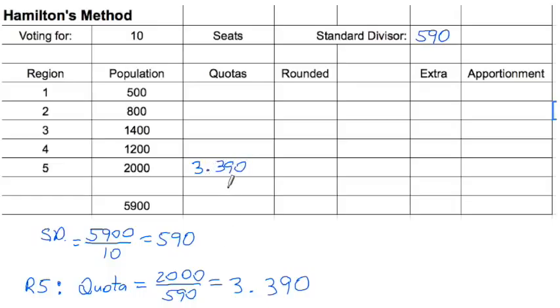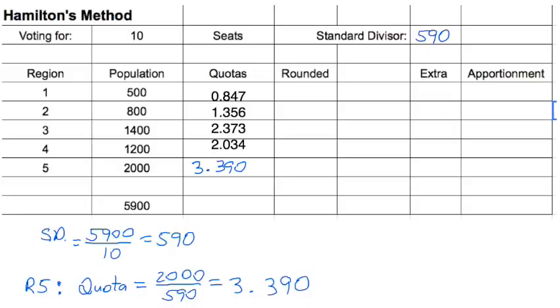Alright, the other numbers are these, and they would go for region 1, region 2, region 3, and region 4. And then, of course, region 5 is a 3.390. Alright, then Hamilton said, well, let's just go through and round all of these.